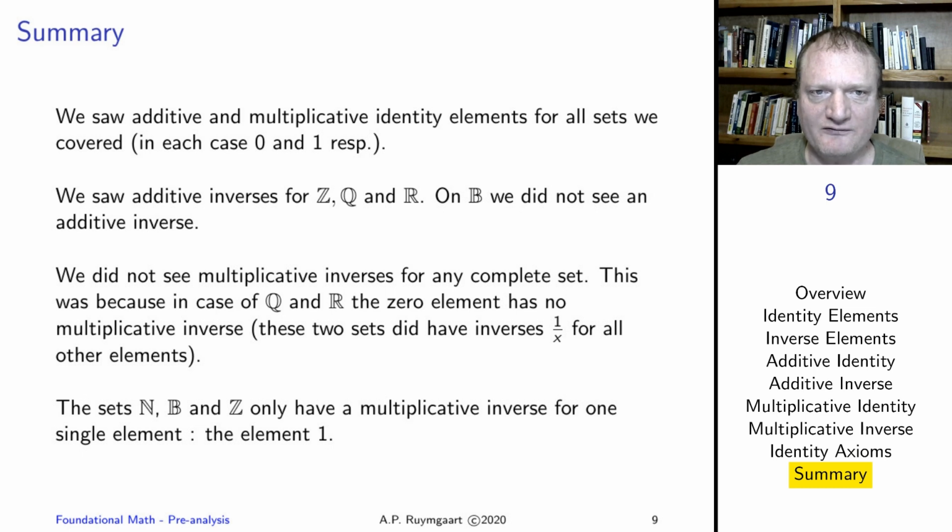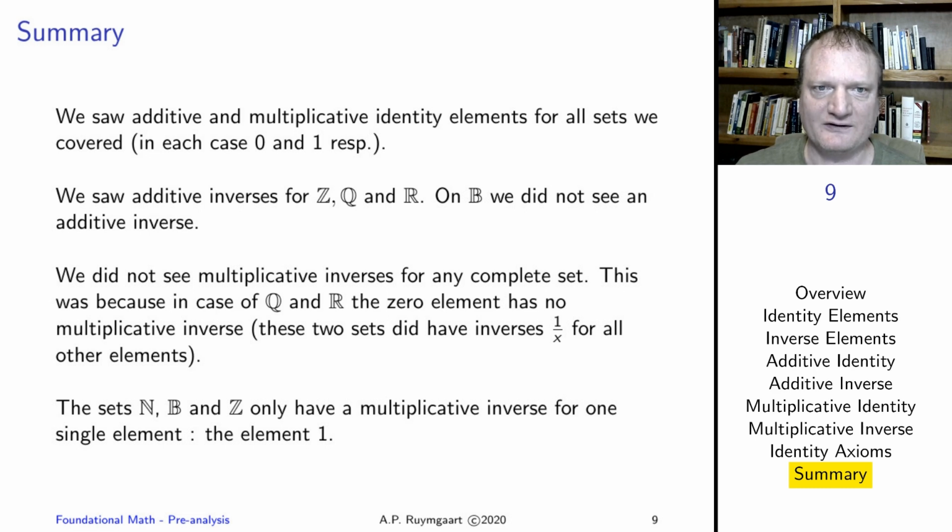Now, as far as inverses are concerned, we saw additive inverses for the sets of whole numbers, rational numbers, and real numbers, but we did not see an additive inverse for the Boolean numbers. When it comes to multiplicative inverses, we did not see inverses for any complete set.